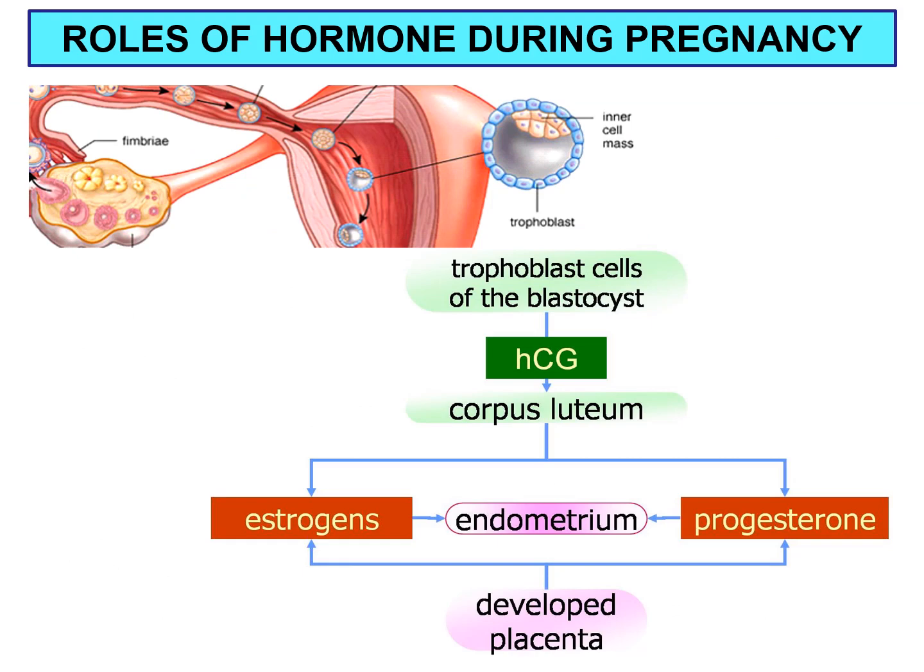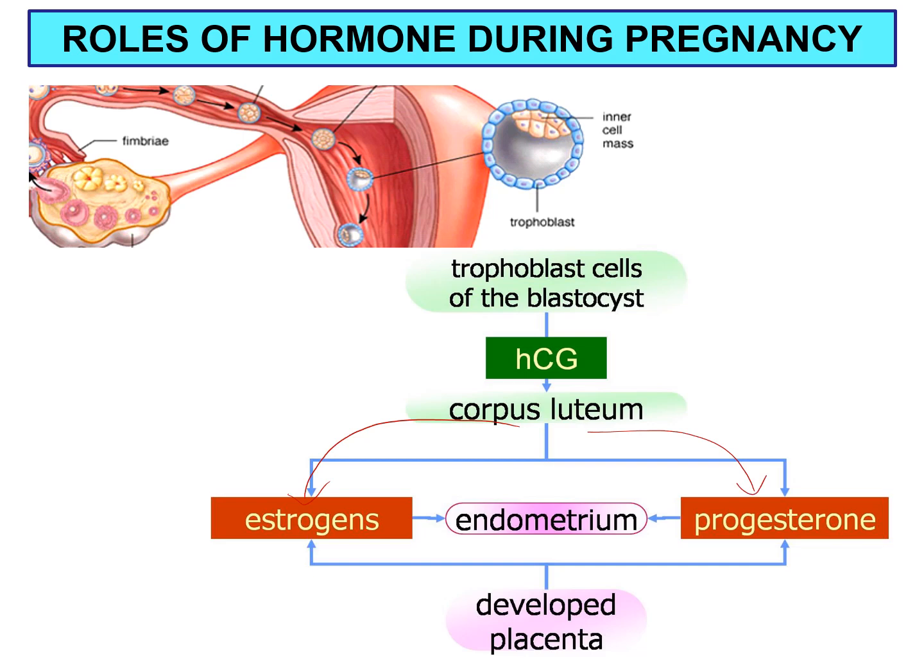This diagram shows the relationship between the organs or the cells with the secretion of the hormones. First, we can see that the trophoblasts form after fertilization. The trophoblast cells of the blastocyst will secrete HCG, which then stimulates the corpus luteum to secrete estrogen and progesterone.